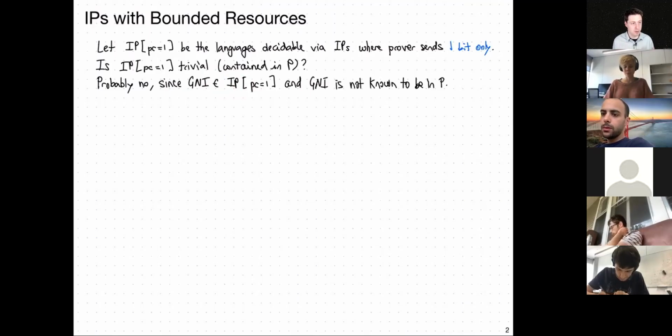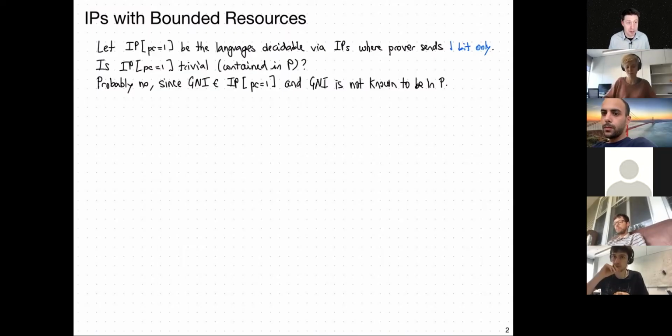So just telling whether it was isomorphic to G0 or G1, that was the only thing the prover did during that protocol. And because GNI is not known to be in P, this means that even in the extremal case where the prover just says one bit of information, possibly something non-trivial can be done. But more generally, GNI is also a very specific language.